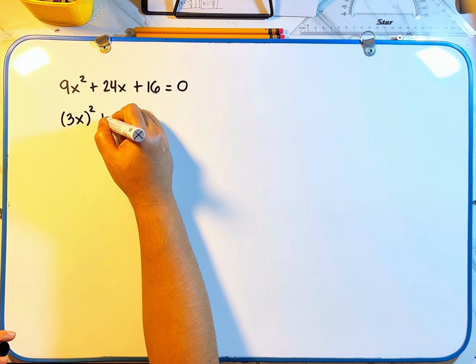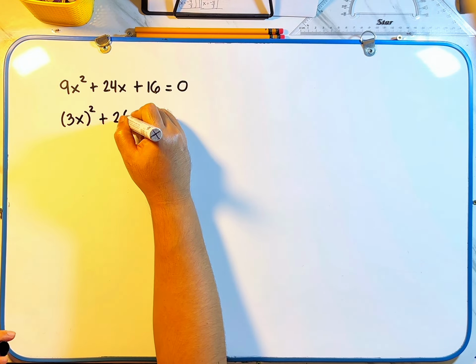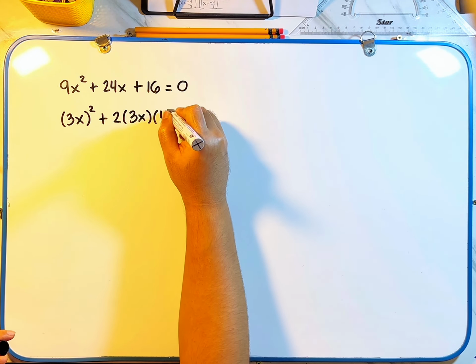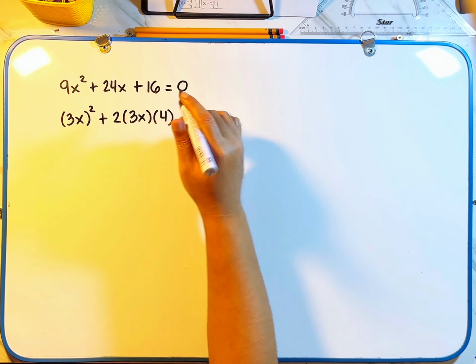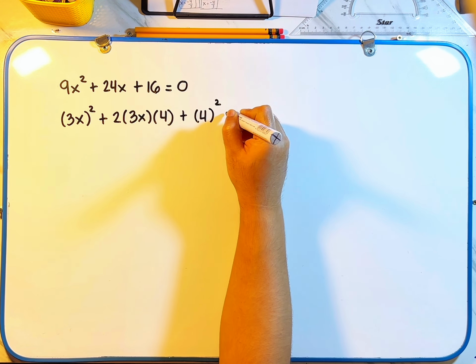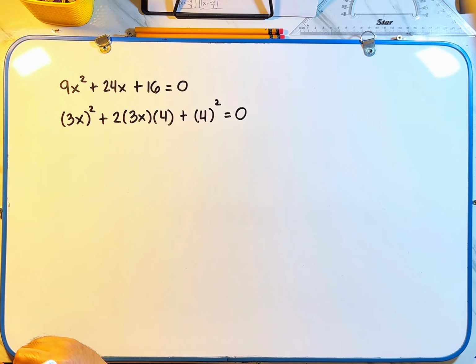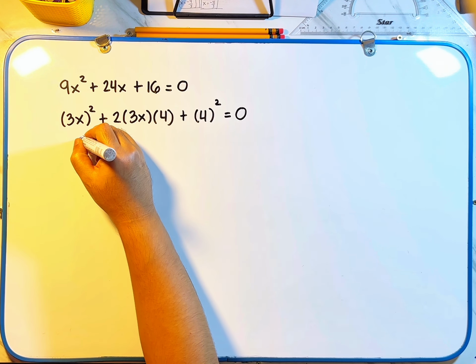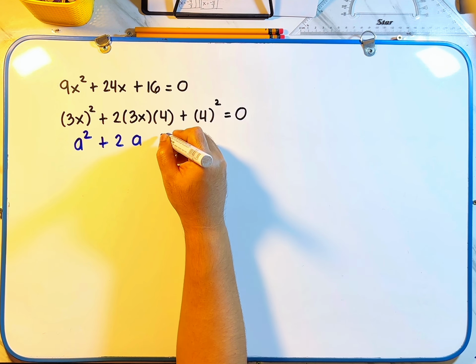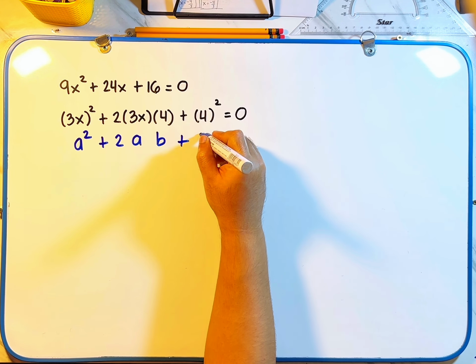And then 24x can be expressed as 2 times 3x times 4. And then 16 is equal to 4 squared, equals 0. Now, this is in the form of a squared plus 2ab plus b squared.